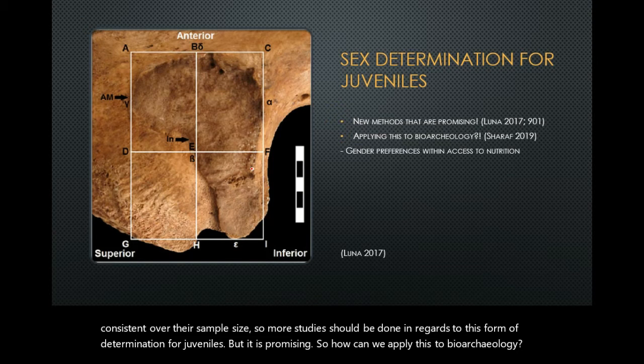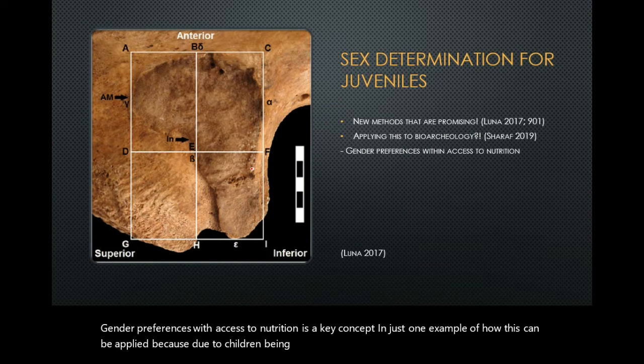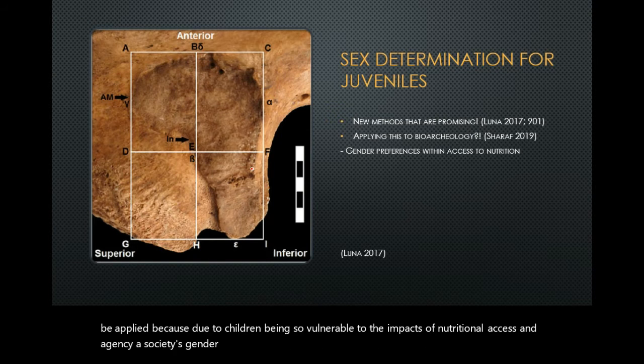gender preferences with access to nutrition is one example of how this can be applied. Because children are so vulnerable to the impacts of nutritional access and agency, a society's gender preferences can be portrayed through juvenile osteology.